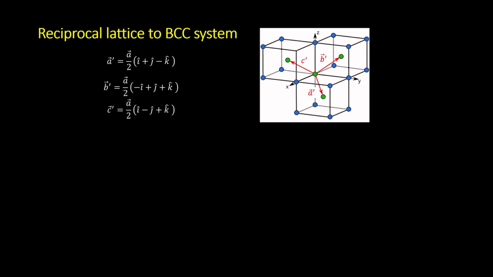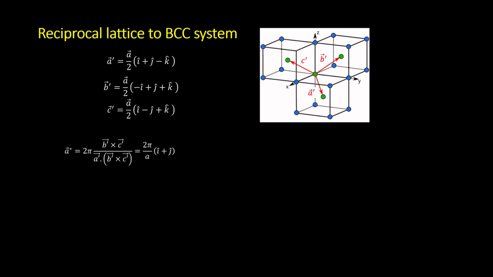Next, let's consider a body-centered cubic system. The primitive translation vectors of the BCC lattice shown here are given by these three expressions for A prime, B prime and C prime, where A is the side of the conventional unit cube and i, j and k are orthogonal unit vectors parallel to the cube edges. The volume of the primitive unit cell is given by again A prime dot B prime cross C prime, which will be A cube by 2.